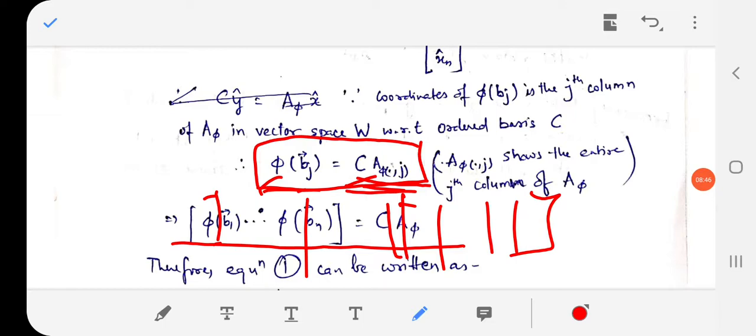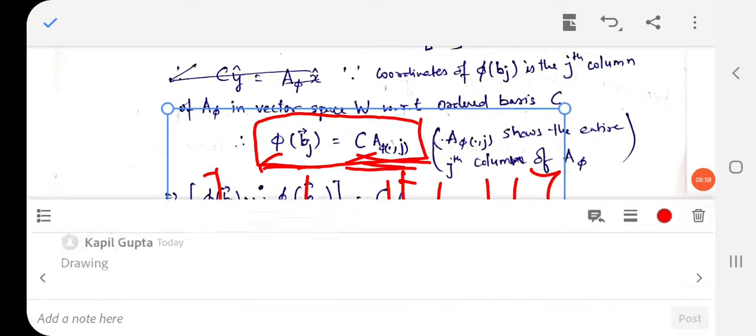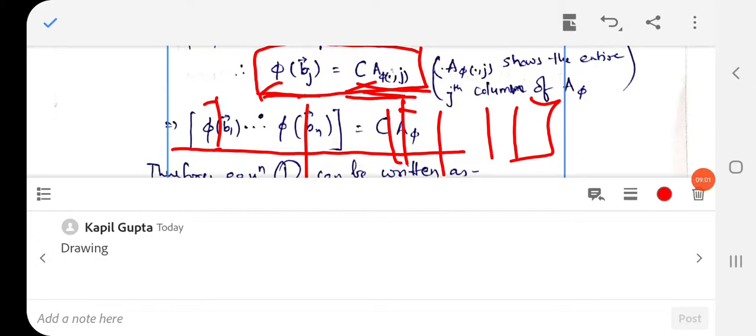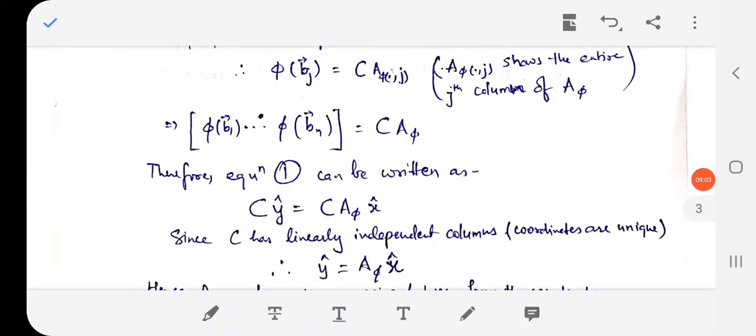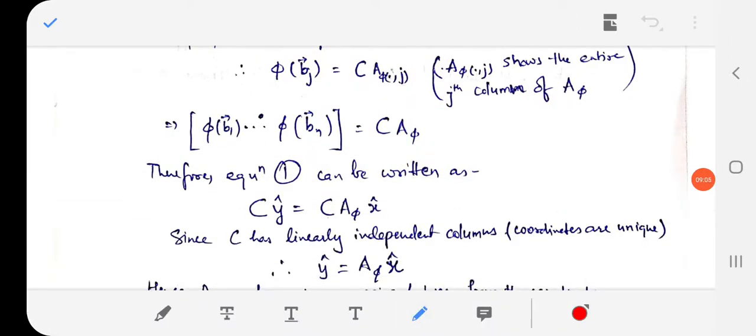So something like that you are having here, and that's how you will be able to write this thing. You will be able to write it like this, right? So that's what it is.